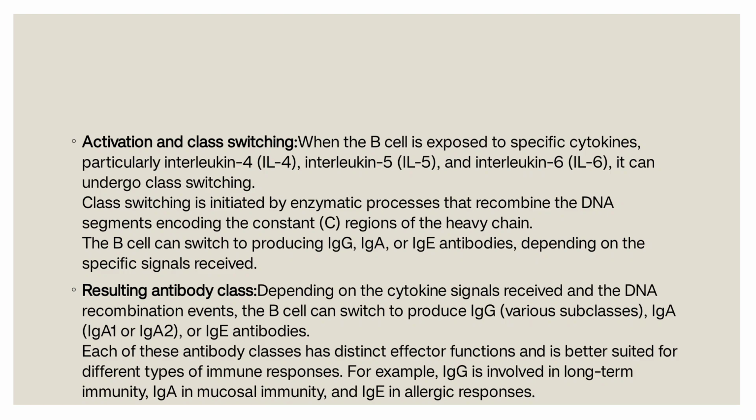The B cell can switch to producing IgG, IgA or IgE antibodies depending upon the specific signal received, with the resulting antibody class depending on the cytokine signals received.